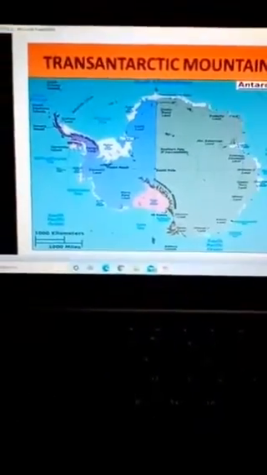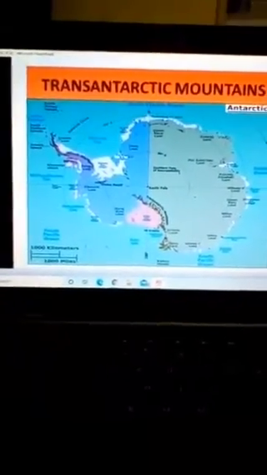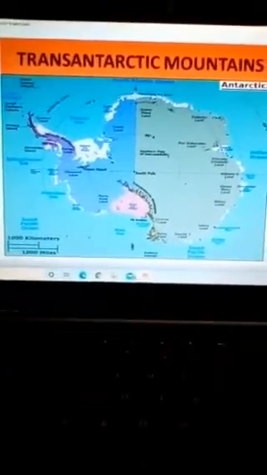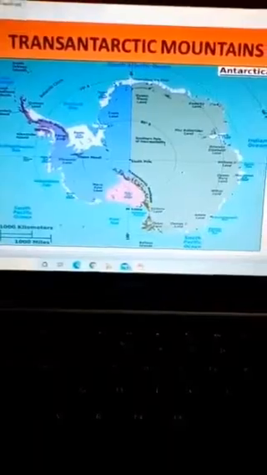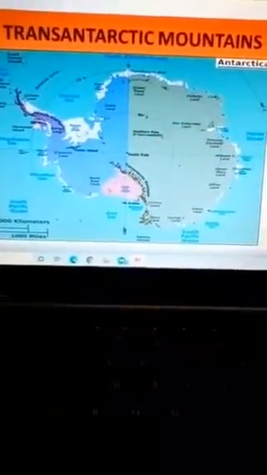Here in these Transantarctic mountains, we have the dry valleys. In these mountain ranges, we have the Vinson Massif and Mount Erebus, that is the active volcano and the highest peak here in the Ross Ice Shelf.